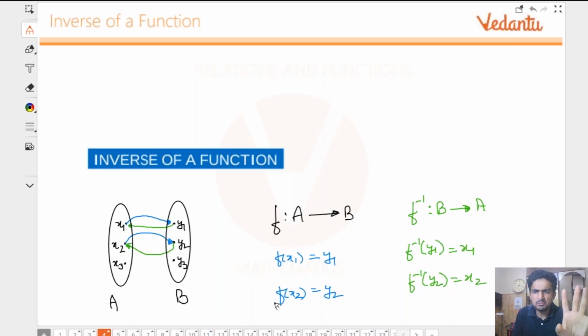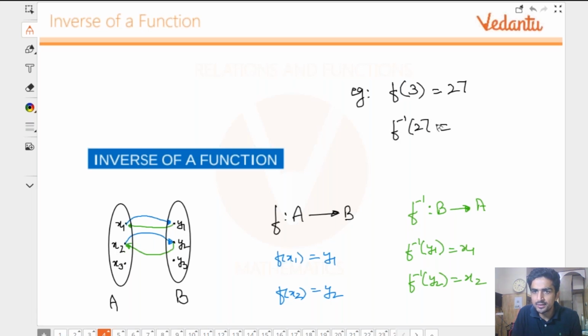So if you understand the basic meaning, just tell me one thing. If f of 3 is 27, then what will be f inverse of 27? Very good.